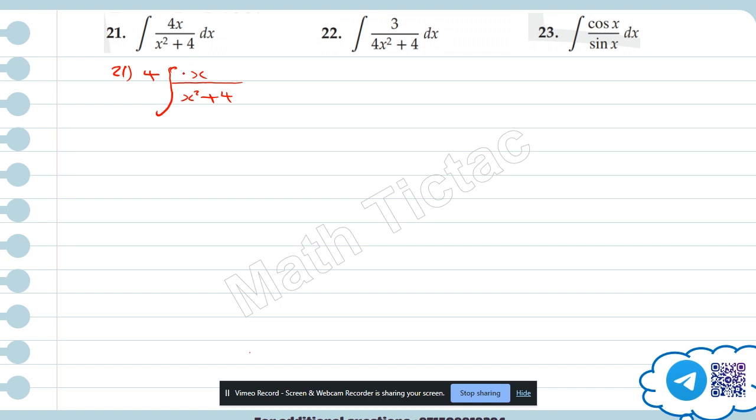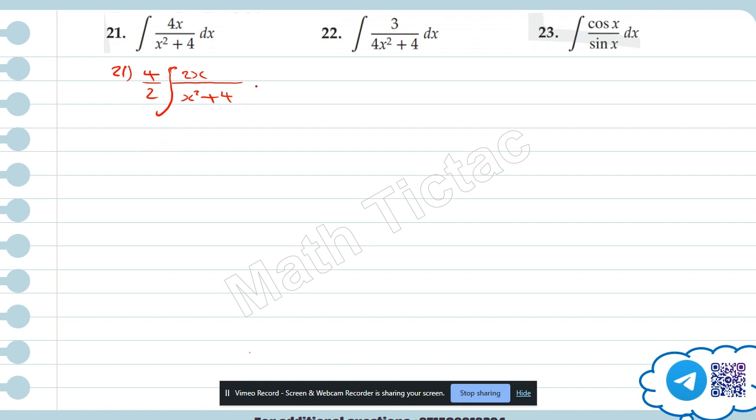To do that, I can multiply by 2 and divide by 2. Now the derivative of the denominator is 2x, and you can find it in the numerator. Multiplying by 2 and dividing by 2 is like you did nothing, because it's equal to 1.